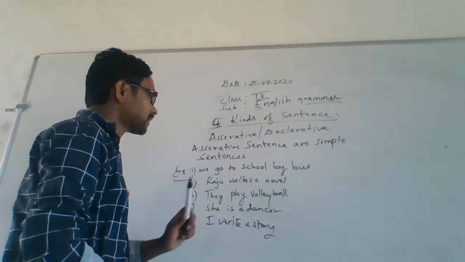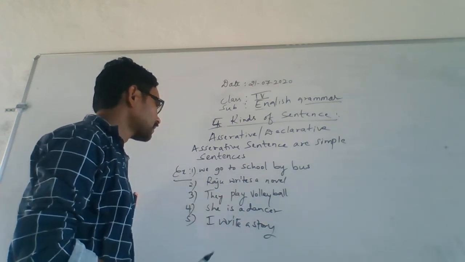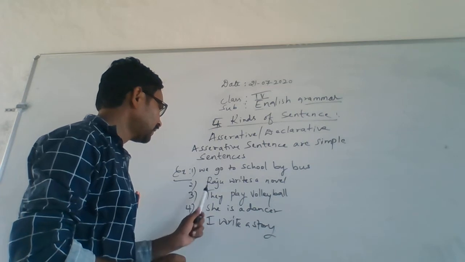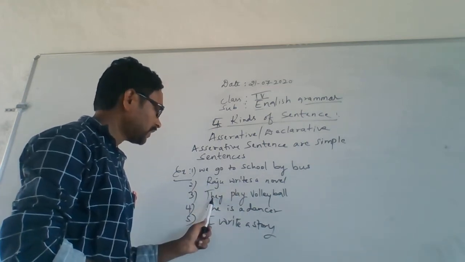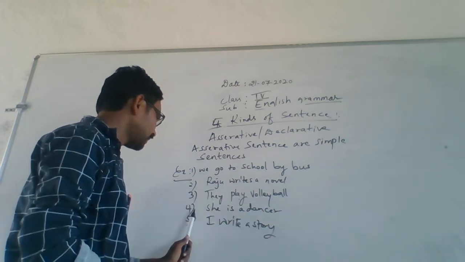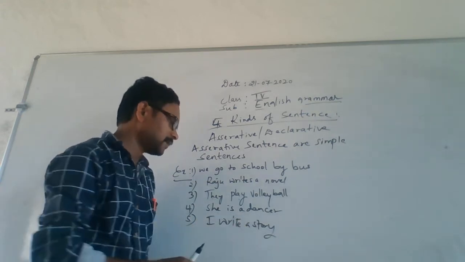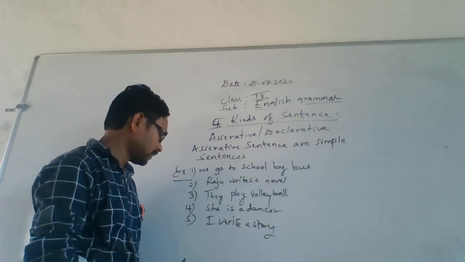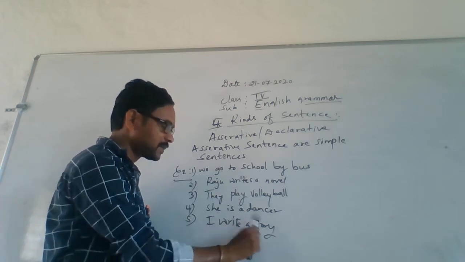See here, all these are what? Assertive sentence examples. First one is we go to school by bus. Then second example, Raju writes a novel. Then they play volleyball. Then fourth example, she is a dancer. So next fifth one is I write a story.